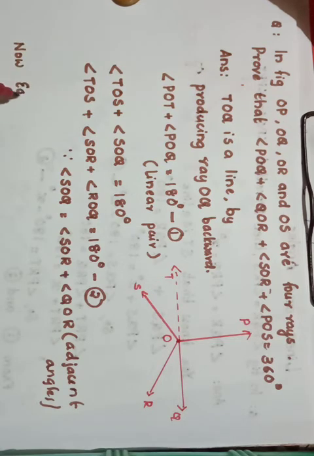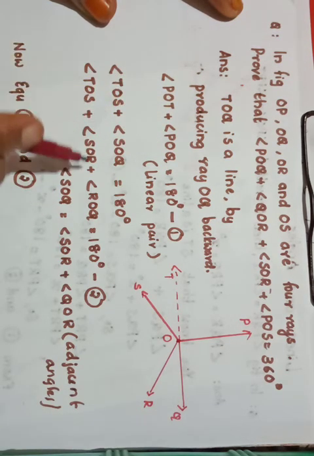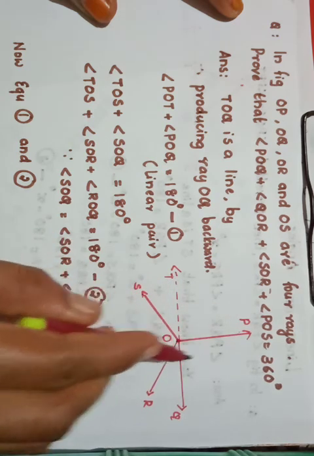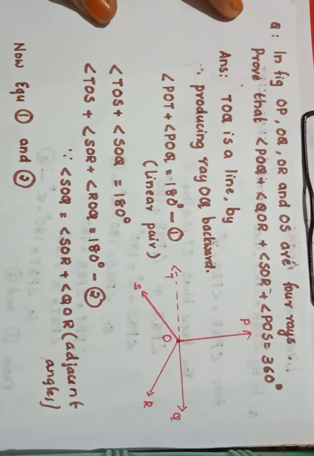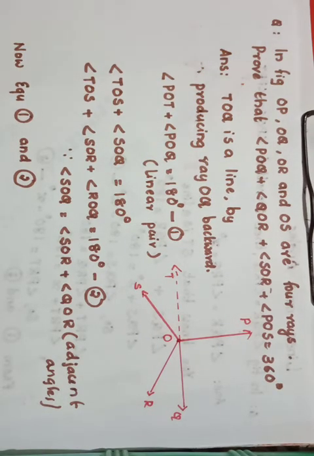Okay. Now from equations 1 and 2, how many angles do we have? 1, 2, 3, 4, 5. What is the sum of those 5 angles?